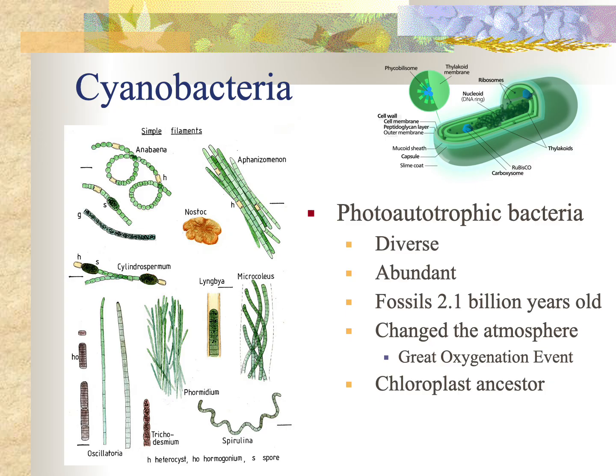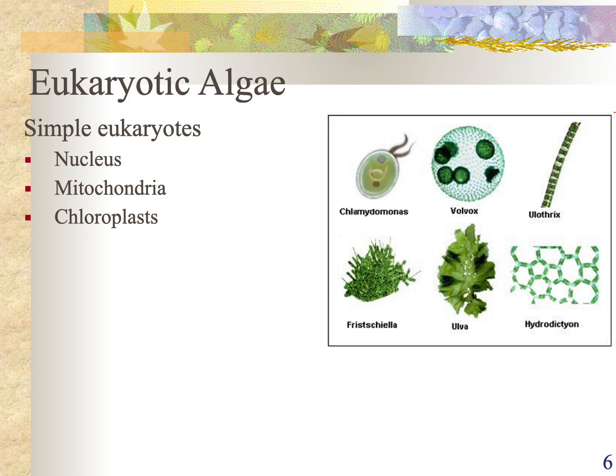So it appears that the chloroplasts in plants come from cyanobacteria, as does the chloroplast in other eukaryotic algae. These are simple eukaryotes that are usually single-celled or just a small group of cells. They all have nuclei and mitochondria, but some of them have chloroplasts. And so these are the primitive algae, and they're common in marine and fresh water.